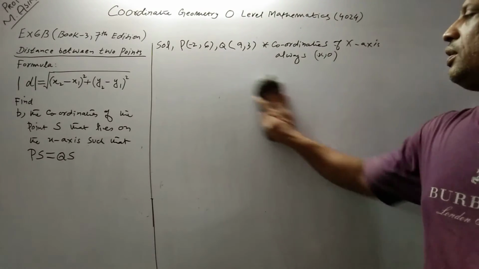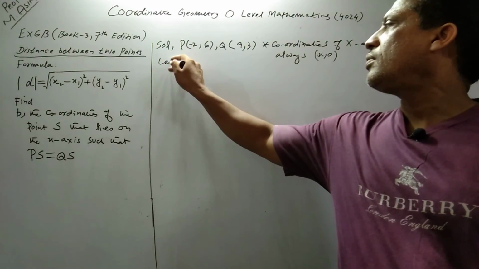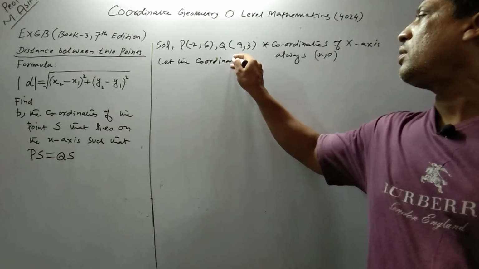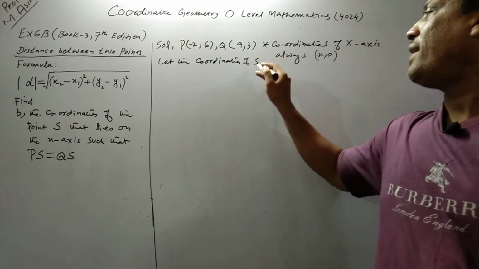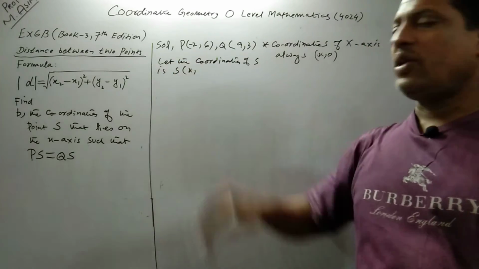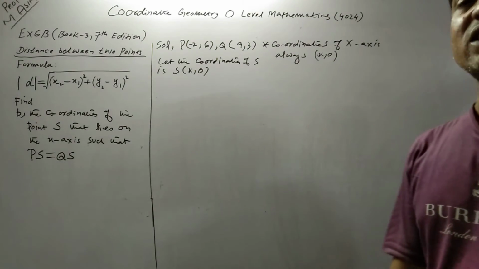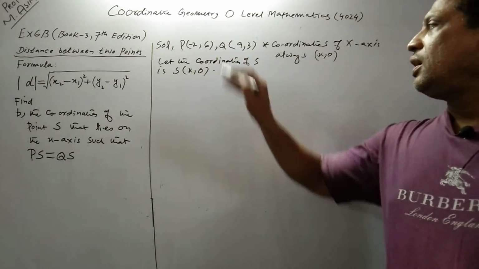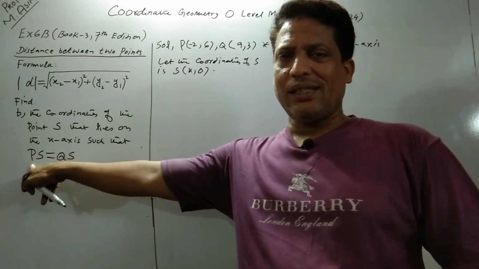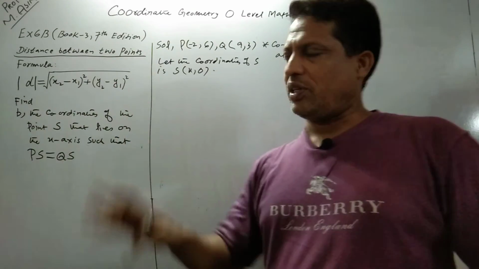Now let the coordinate of S be x, 0: the value of x is x and the value of y must be 0 because it lies on the x axis. According to the question, the distance PS is equal to the distance QS.